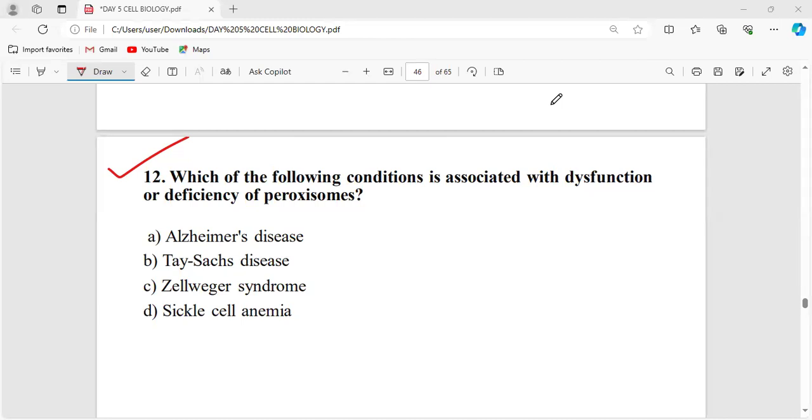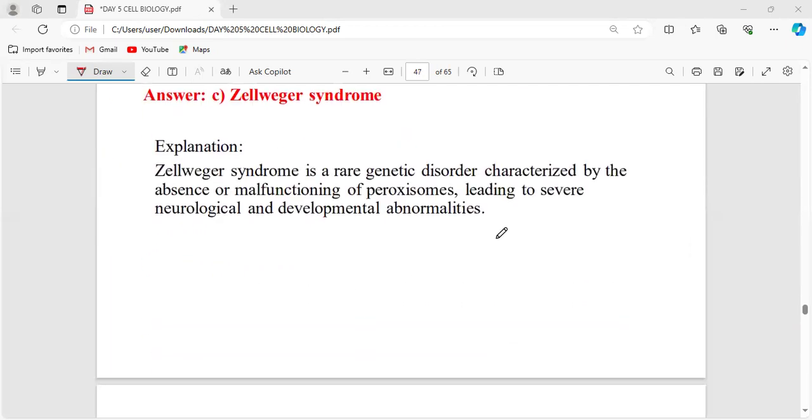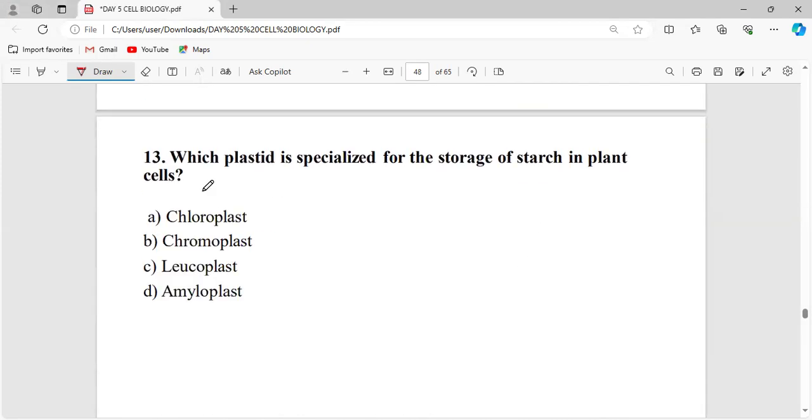In the absence of that particular machinery, the peroxisome can't import the enzymes from the cytoplasm to continue its activities. Such a condition leads to Zellweger syndrome, right? It is a rare genetic disorder characterized by the absence or malfunctioning of the peroxisomes. It leads to neurological abnormalities.